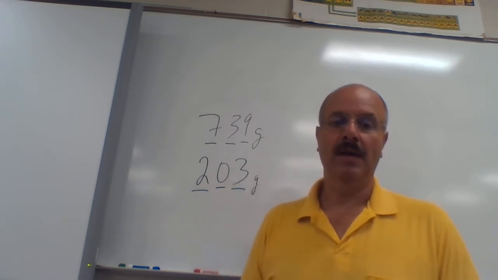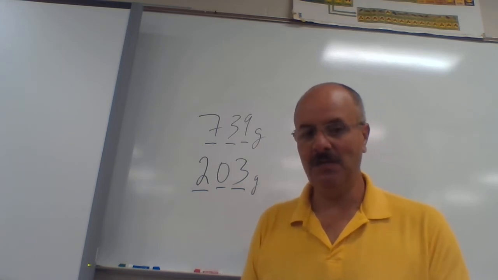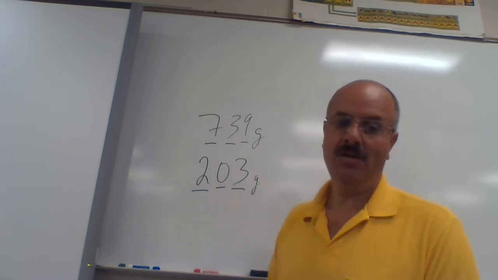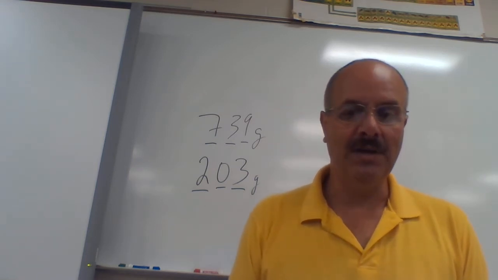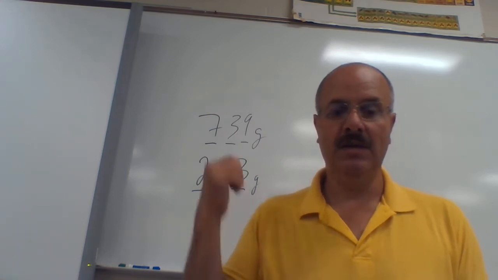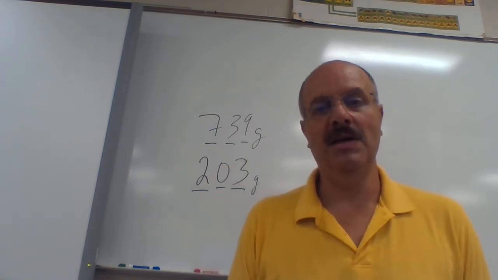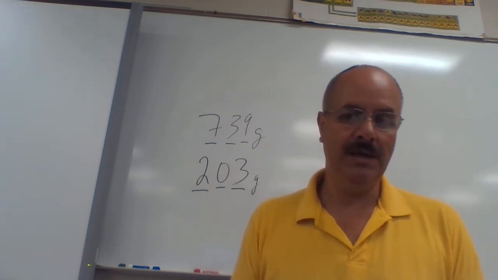Another way to look at it, though I don't like to do this because it can get confusing: if you took out that 0, would you still have 203? No, you'd have 23 grams, which is way different than 203. So that 0 needs to be there. We did actually measure it, so it is significant. That was rule letter B.